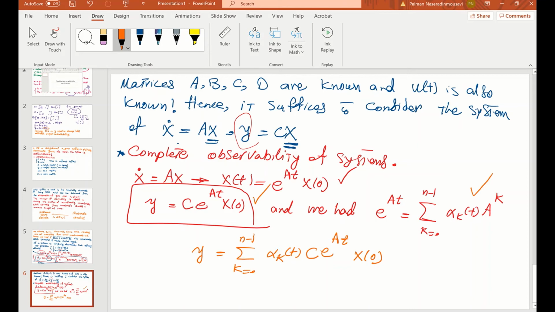Understand? So now give k0, k1, k2, k3. So y, if I expand, this is going to be what?